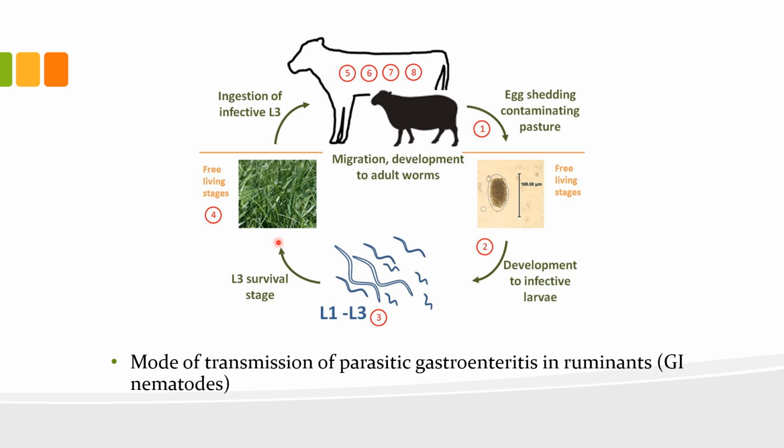The infective larvae are present in the grass blades. The ingestion of the infective L3 represents the major mode of transmission whereby parasitic gastroenteritis in ruminants will occur. This is especially true for GI nematodes.